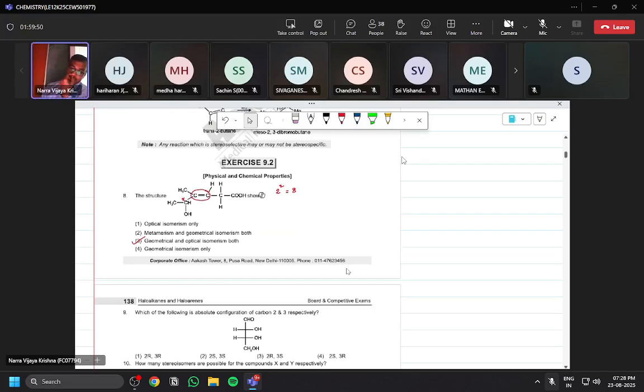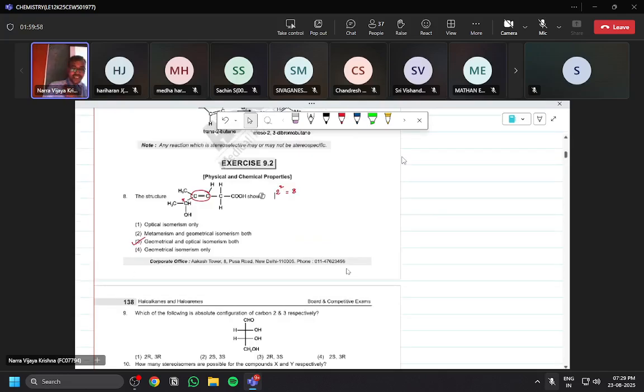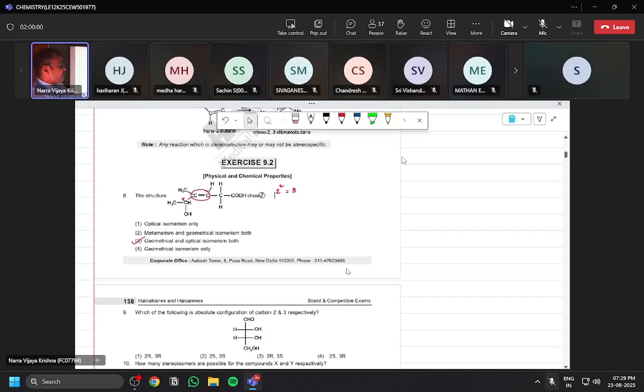Actually, it shows metamerism also. Metamerism is a structural isomerism, na? Then I can change the position of O between these two carbons. I can keep O between these two carbons. Metamerism means, over the functional group, the carbon chain length should change. Then they are called metamers.